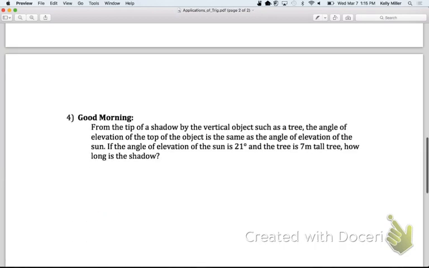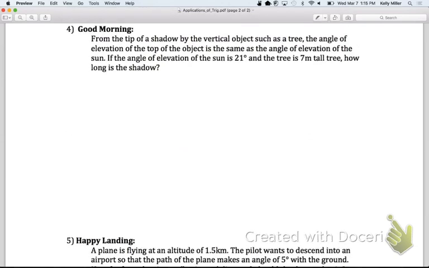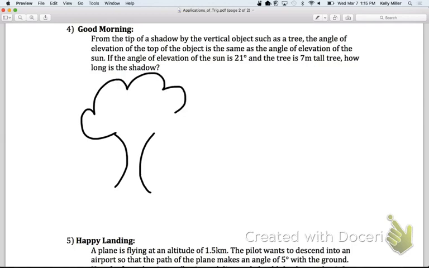All right, so from the tip of a shadow by the vertical object such as a tree. Okay, tree. Here's my tree. Beautiful tree. So my tree has a shadow. So here's my shadow along the ground.